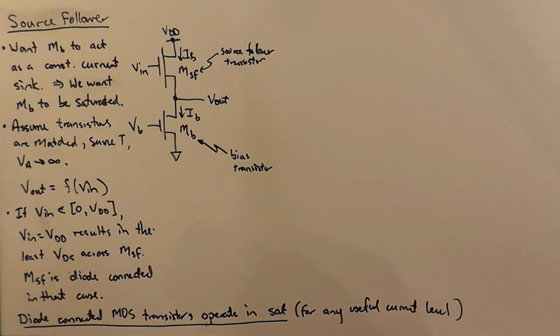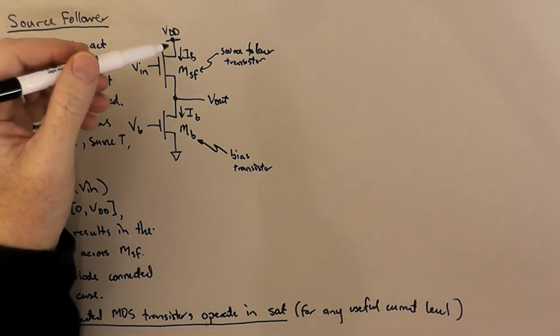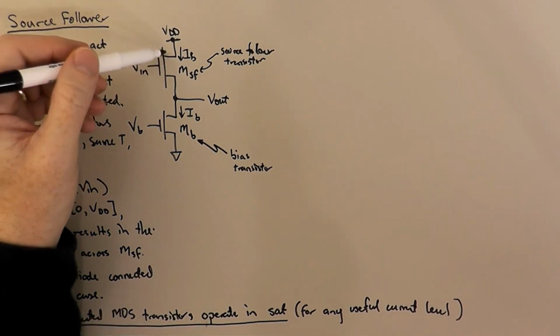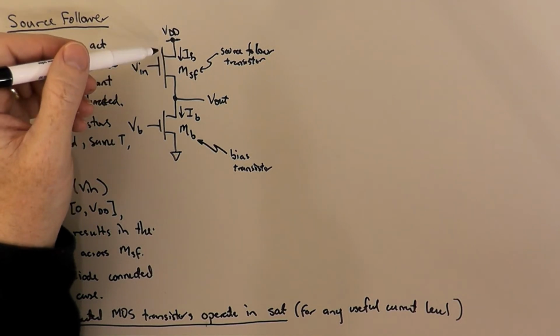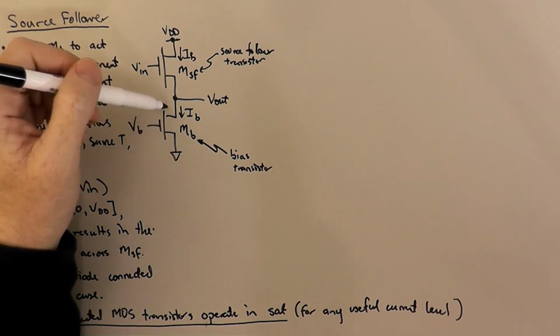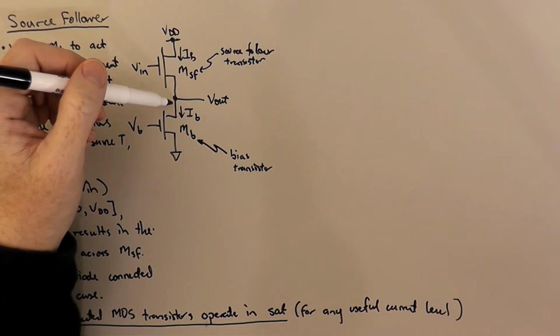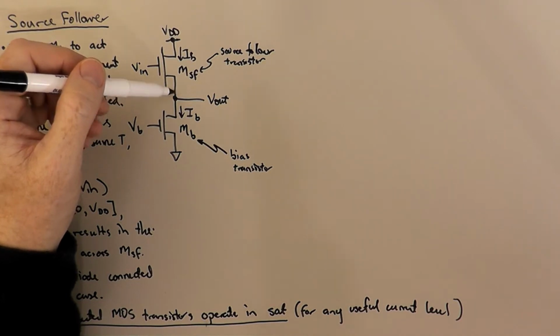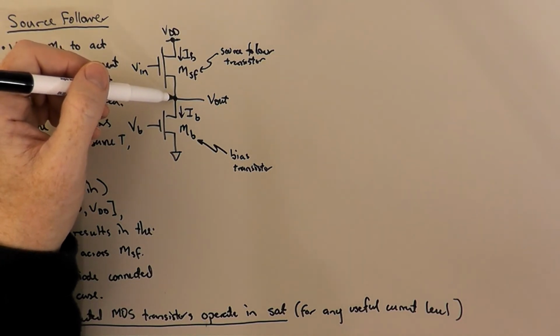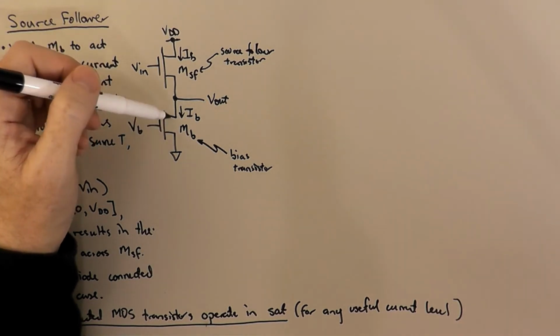Okay, so what we can do is write down the current. We're going to assume that the source follower transistor is saturated. We're going to assume that the bias transistor is also saturated, and we're going to have to come back and see whether our assumption about the bias transistor is self-consistent.